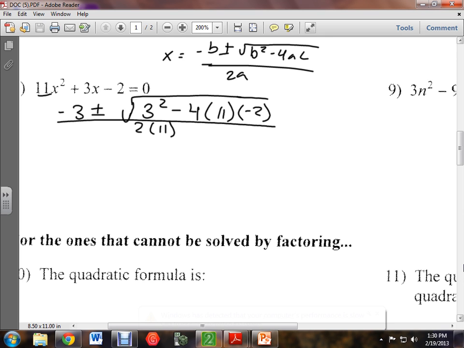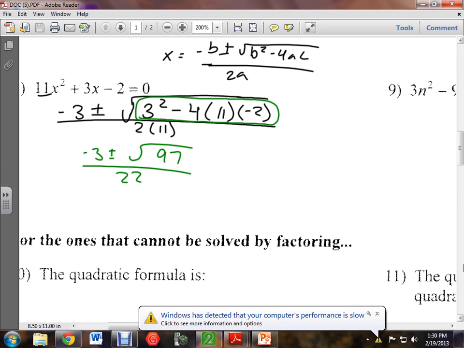So tell me the first thing that I'm going to calculate. The inside of the square root. Good. 3 squared is 9 minus 4 times 11 times negative 2, which is plus 88, right? This is negative 3 plus or minus the square root of something over 22. 88 plus 9 is 97.